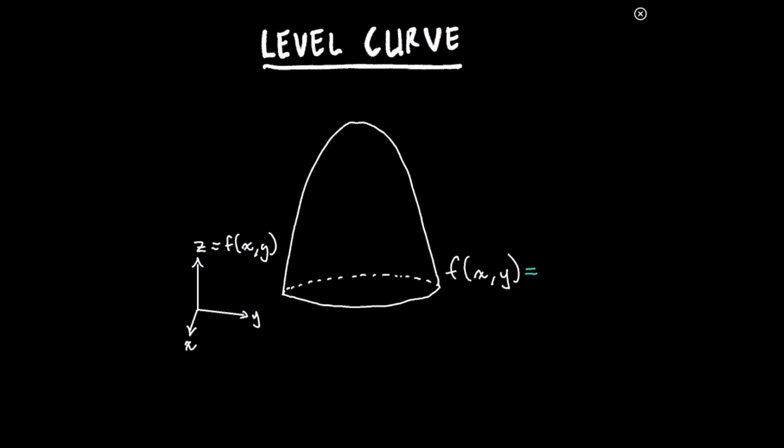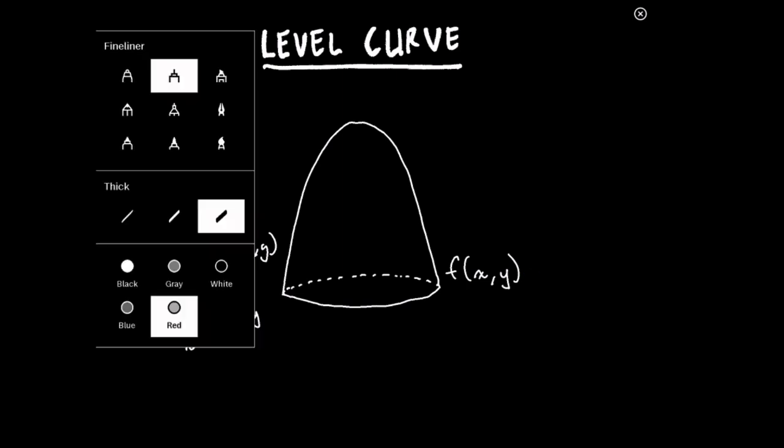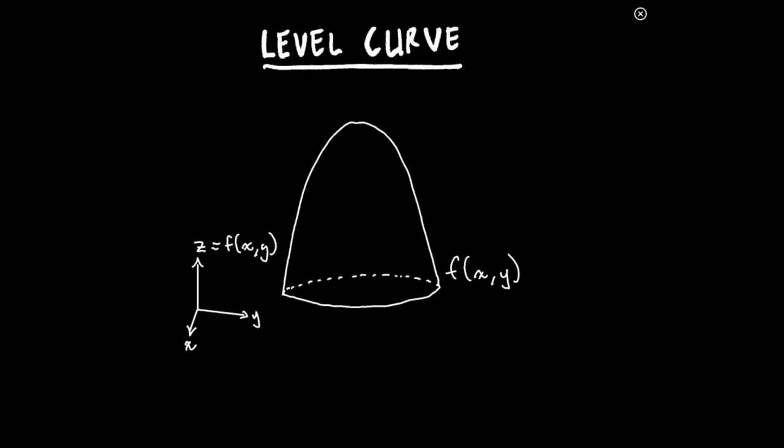So let's define this function as f of x, y is equal to negative x squared plus y squared plus 8.